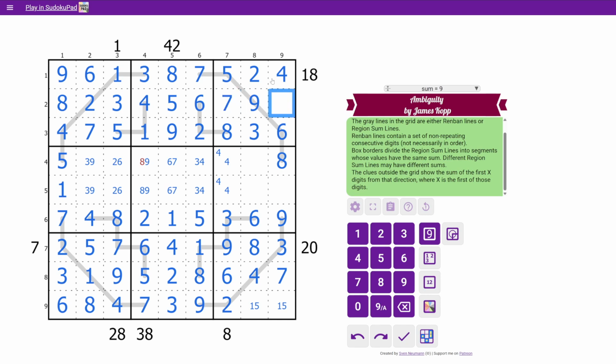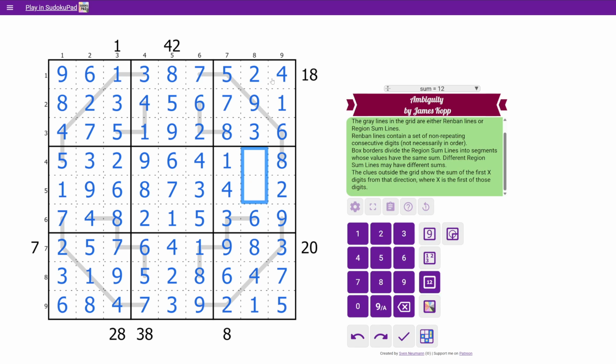So this is the 7, this is the 1 because of the 7 here. Nice, we get a lot done there. This is a single here that's going to be a 2. This is going to be a 5 and 7.